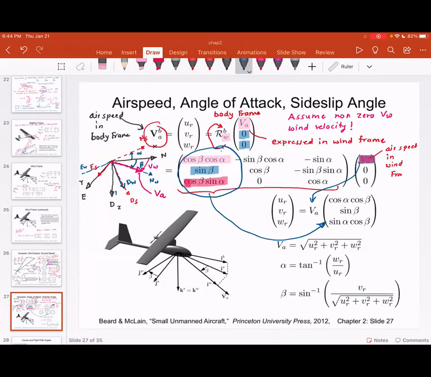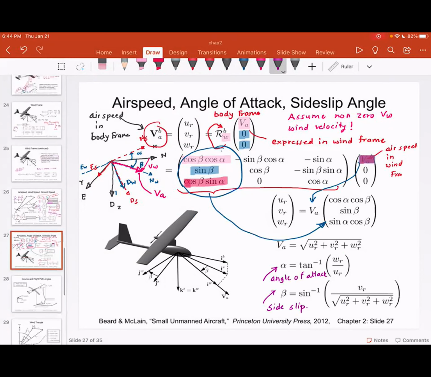From a trigonometric relationship, that allows me to find the angle of attack, and I can find the side slip. Now, if wind velocity is 0, then the side slip angle is going to be 0.